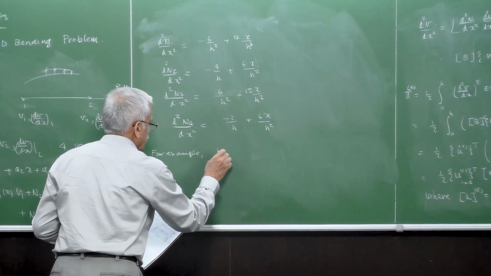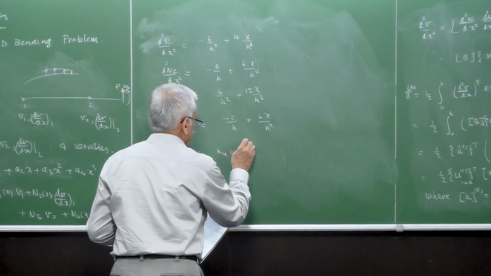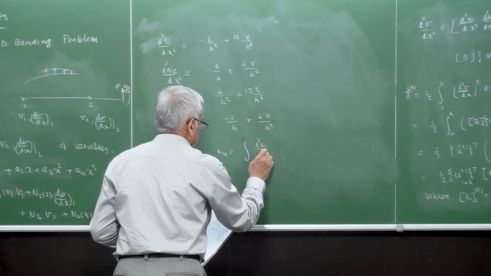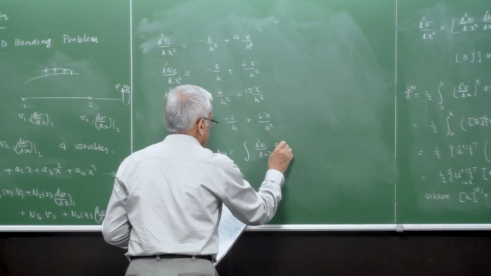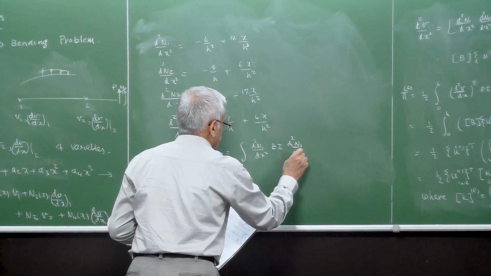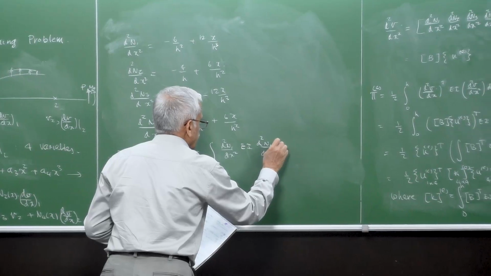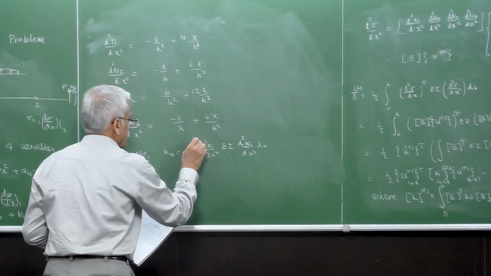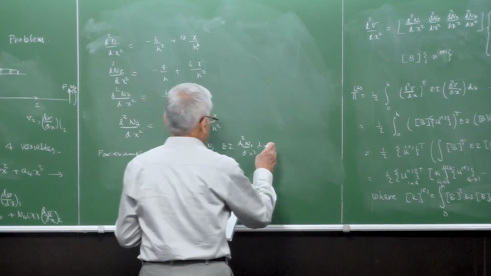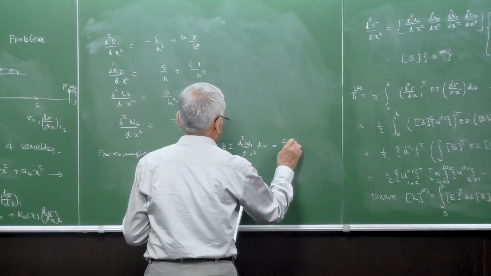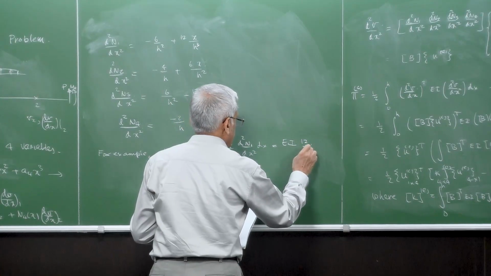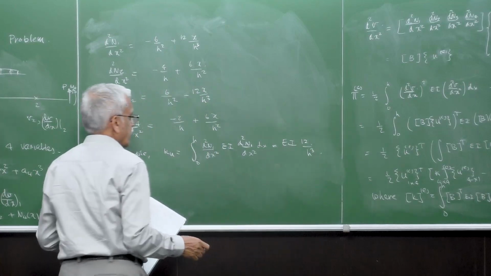For example, if you want K11, so this is nothing but d square N1 by dx square, EI, d square N1 by dx square, dx from 0 to h. So substitute these things. I think I'll just give you, this is EI 12 by h cube.